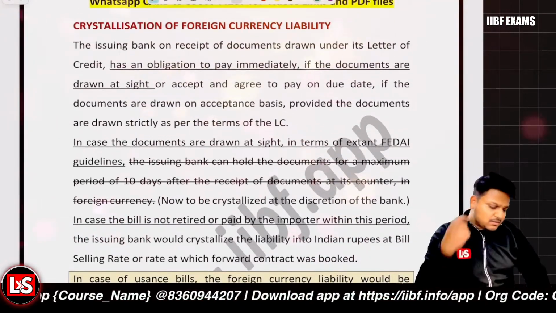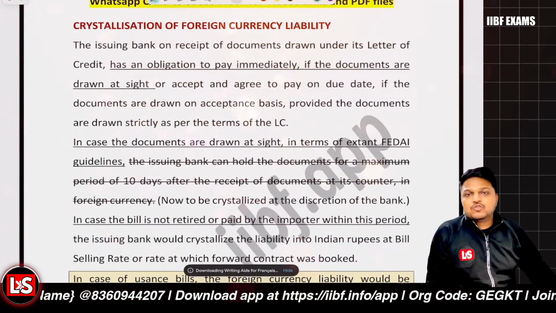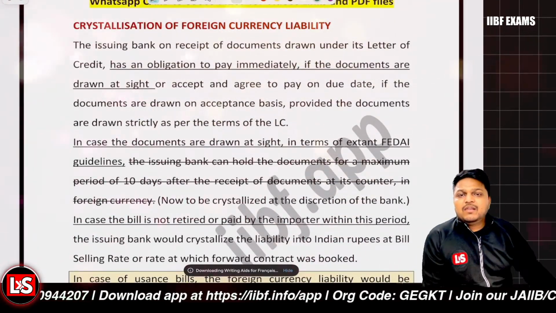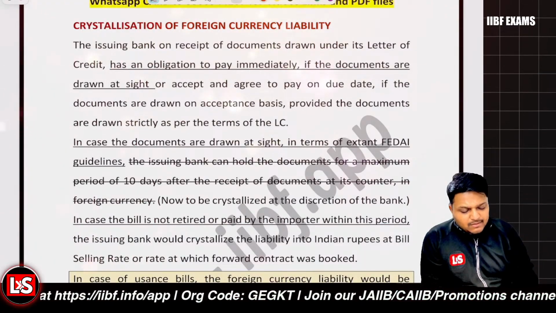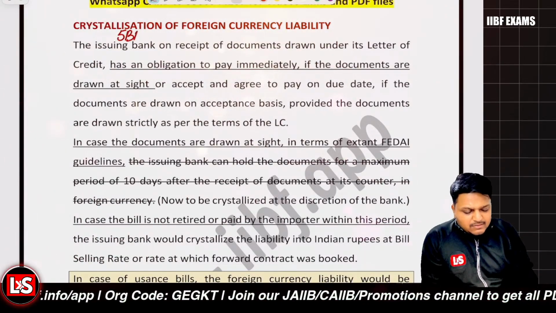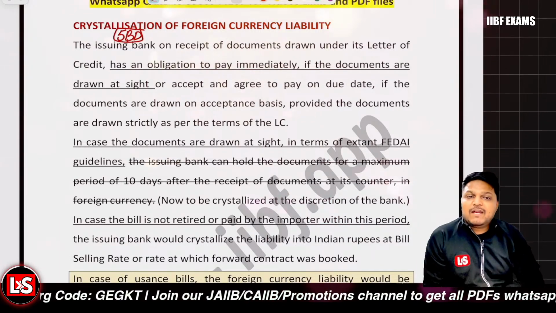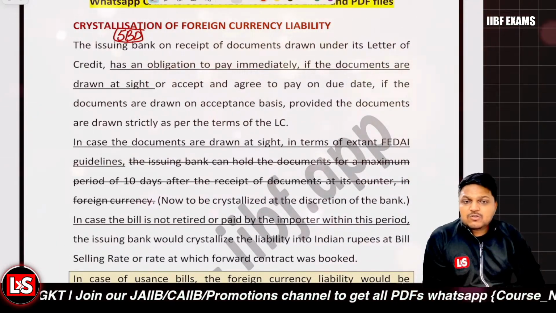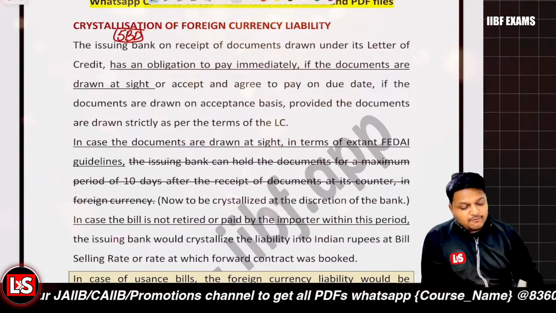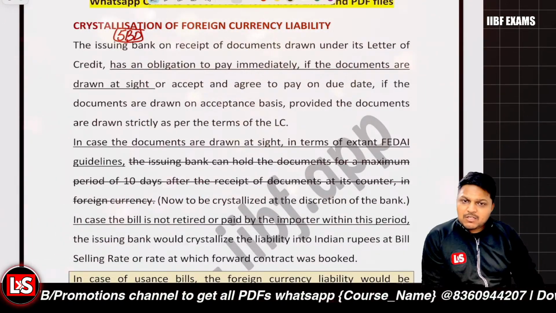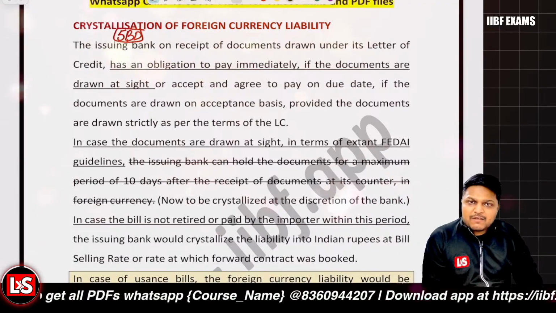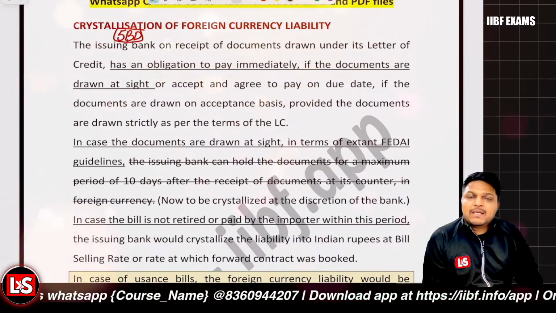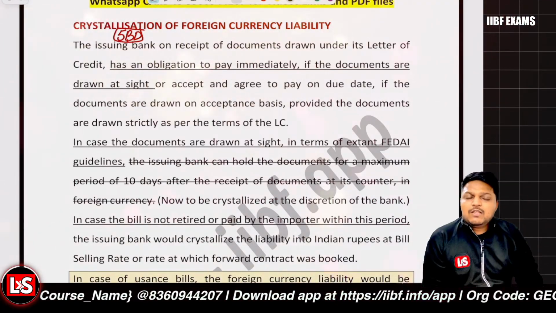So when the issuing bank receives the documents, how many days does the issuing bank, or the opening bank, have? The bank has 5 banking days to scrutinize the documents. After that, if it's a complying presentation, it's an obligation to pay immediately. Either the reimbursement bank or the issuing bank itself will clear the amount with the negotiating bank.